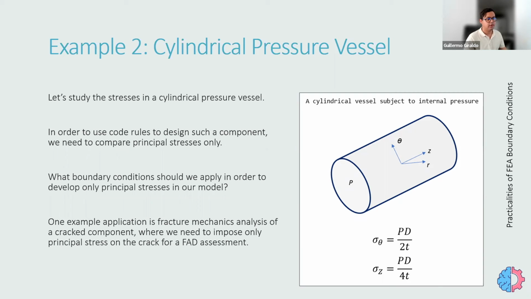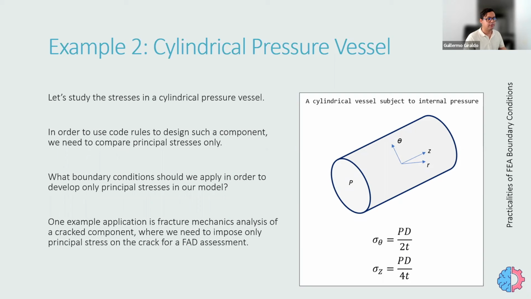They give us the principal stresses in the pipe wall. These principal stresses developed in this cylinder are, say, the tangential stress, or hoop stress, which is sigma sub theta.